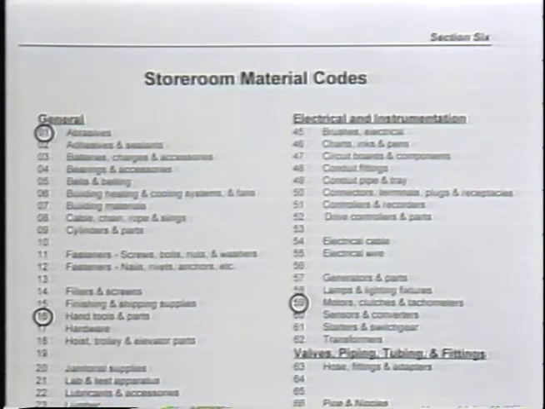So again, like we have done before, we're showing you the storeroom material cross-reference list between the numeric first field and its description. And like I did in the previous section 5, I've circled the 3 commodity codes that are an integral part of this section 6. 01 abrasives, 16 hand tools and parts, and 59 motors, clutches, and tachometers.